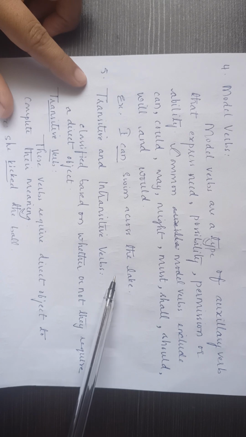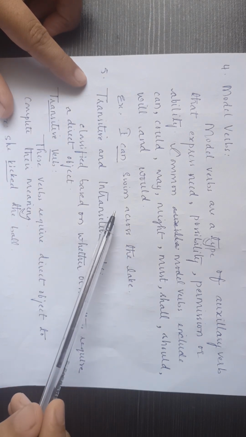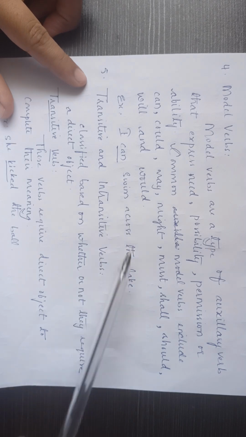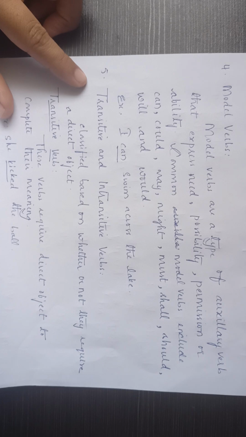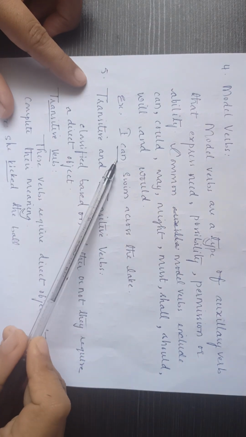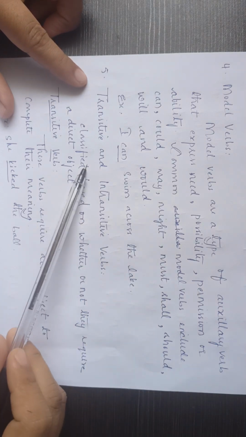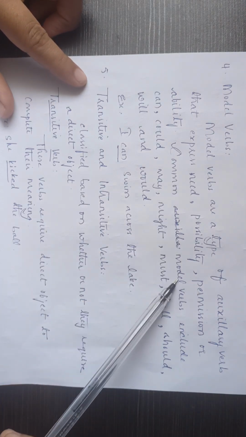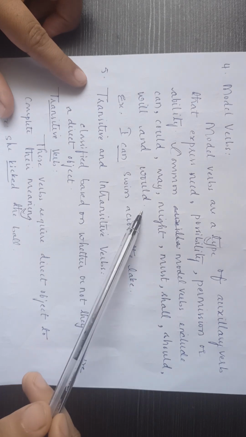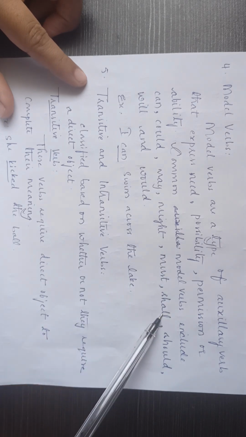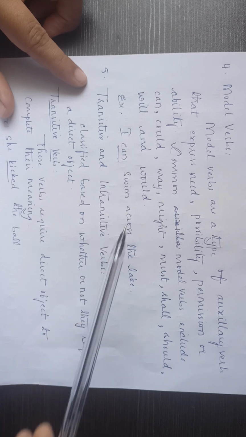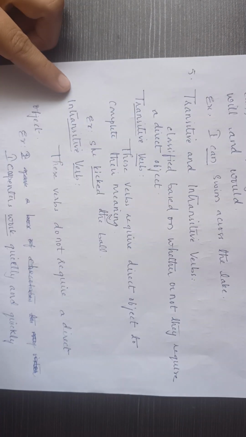Here, in this sentence, the speaker has the ability to swim and cross the lake. So, can is a modal verb. Okay, and more common modal verbs are can, could, may, might, must, shall, should, will, and would.